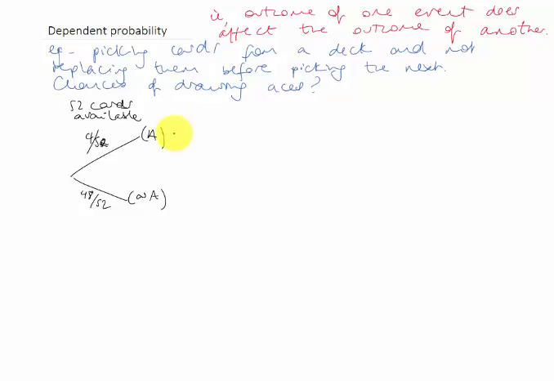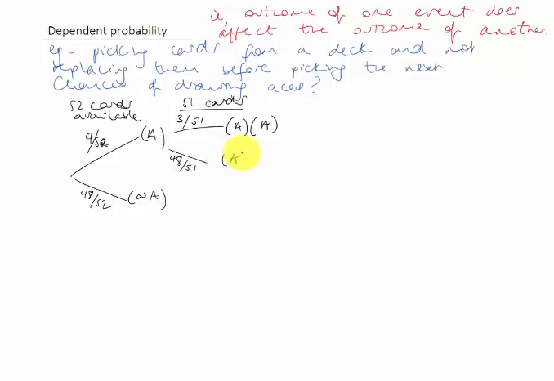But then the second card we draw, there are 51 cards available. In this case, we've got 3 aces left out of 51. So here we'd have an ace, so this is the chance of drawing a second ace. And we've got 48 not aces out of 51.